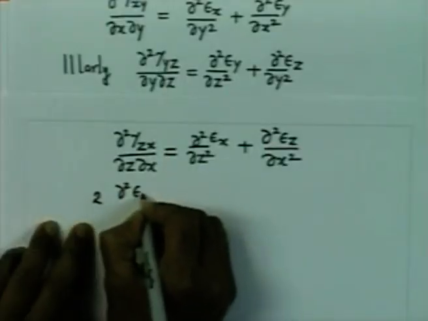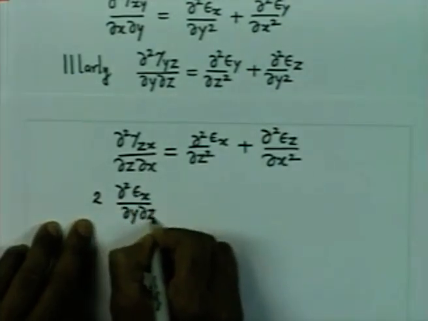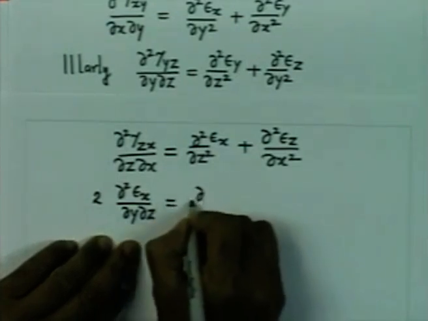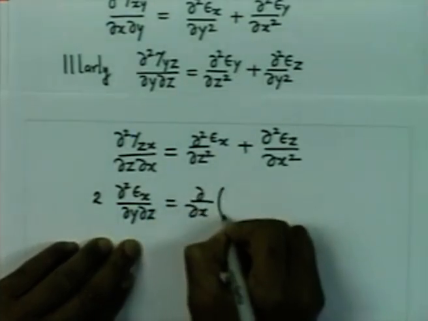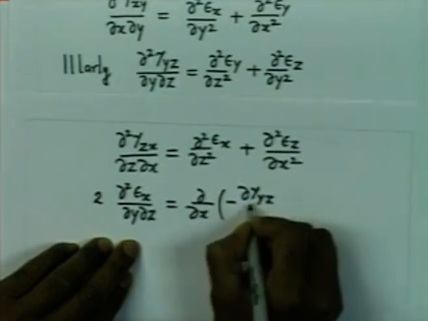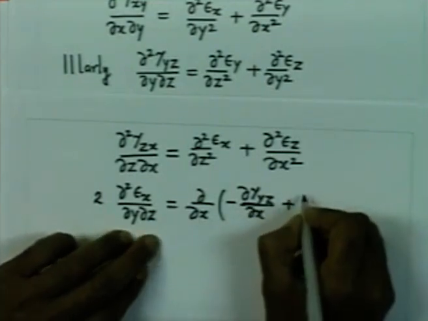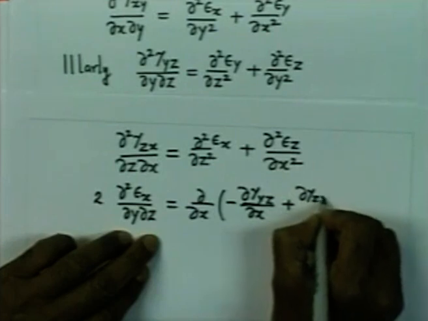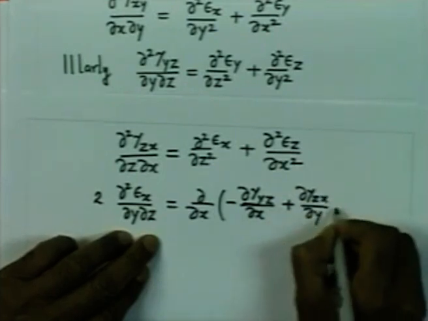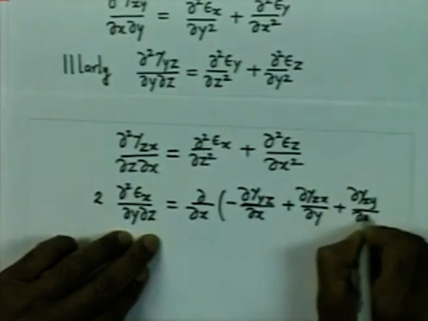We will consider now these relationships: delta 2 epsilon x by delta y delta z is equal to delta by delta x of minus delta gamma yz by delta x plus delta gamma zx by delta y plus delta gamma xy by delta z.